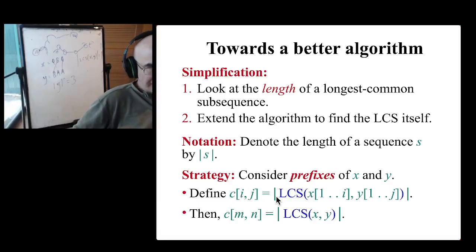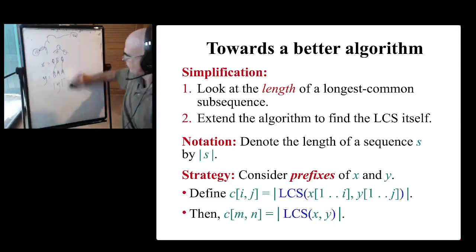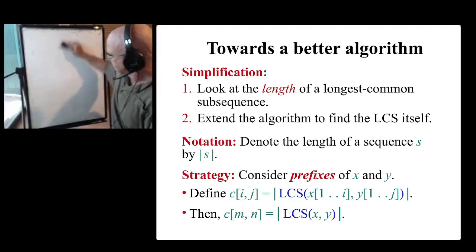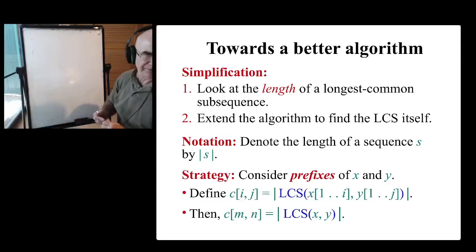C of i,j will be the length, how many characters there are, in the longest common subsequence of not x and y as a whole necessarily, but only taking a piece of x, only the first i characters of x, and only the first j characters of y. That's what C of i,j is. So let's take some examples, because it's really important that we understand this definition before we continue.